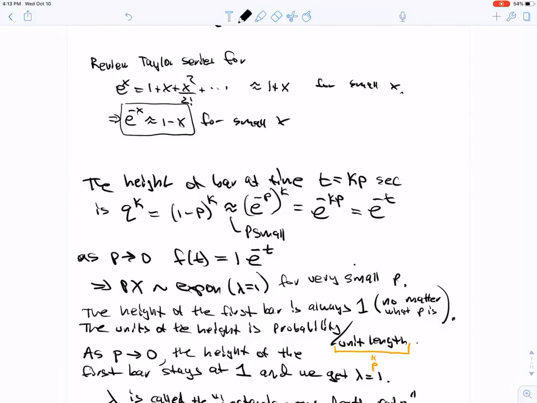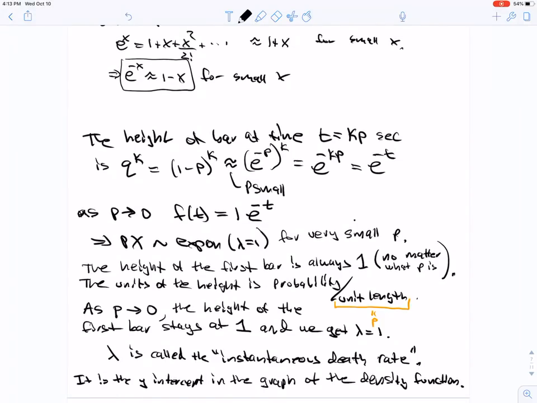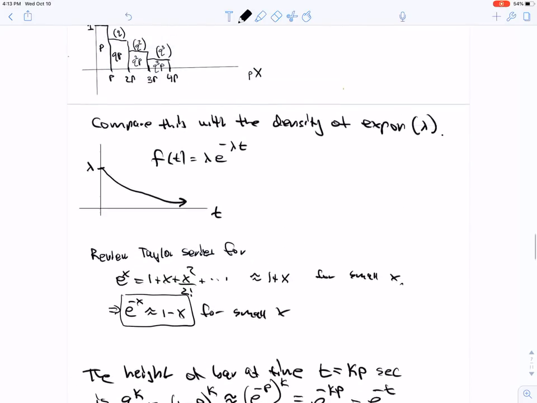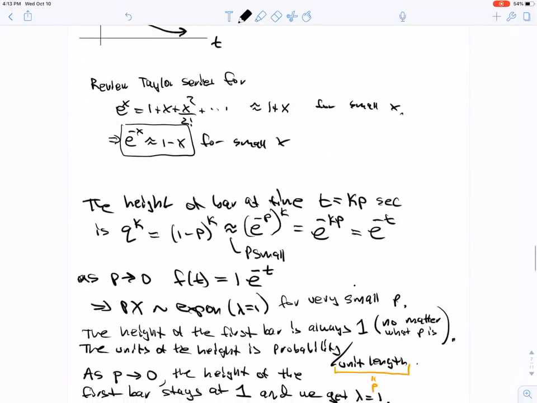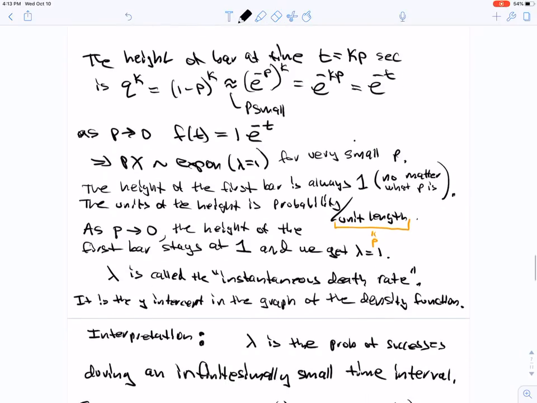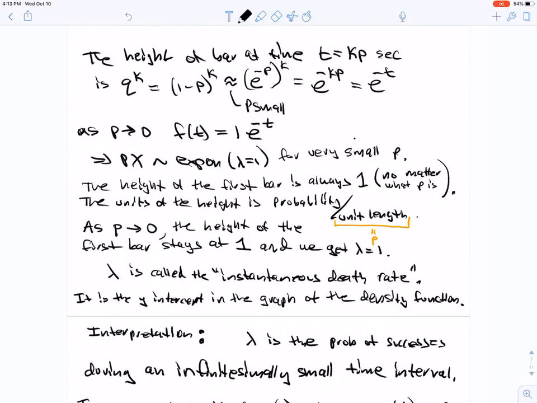So here lambda is 1. The height of the first bar is always 1, no matter what p is. The units of the height is probability per unit length, and the unit length here is p. As p goes to 0, the height of the first bar stays at 1, and we get lambda is 1. So the y-intercept is 1 in this case. Lambda is called the instantaneous death rate.